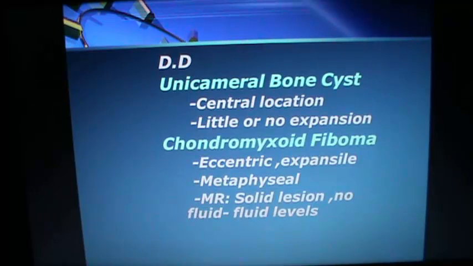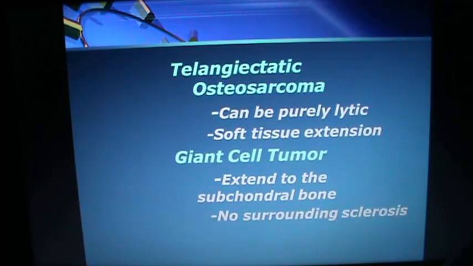Here in chondromyxoid fibroma, the cortex is definitely continuous and intact, and the main lesion is bulging into the bone, into the marrow. While in aneurysmal bone cyst, there is thinning of the cortex, and the main lesion is bulging outside the bone. There are no fluid levels in chondromyxoid fibroma.